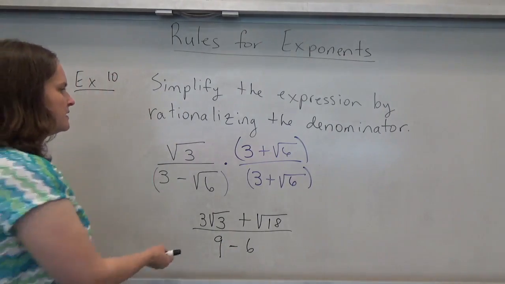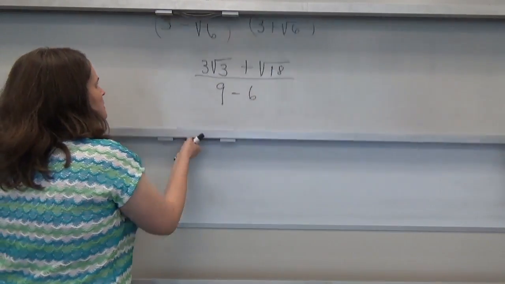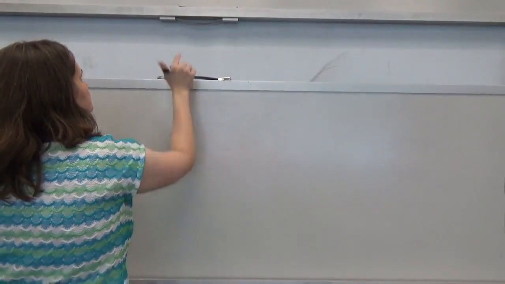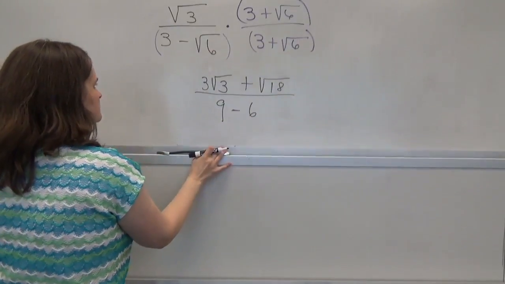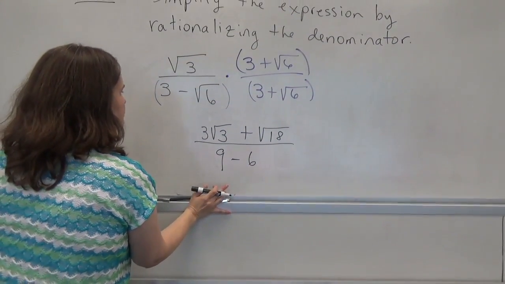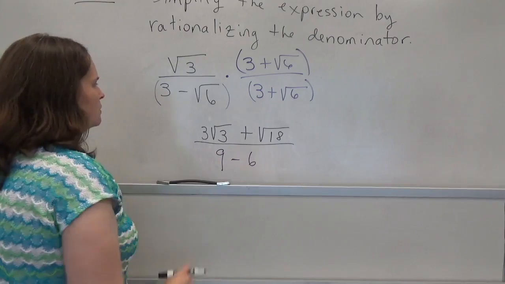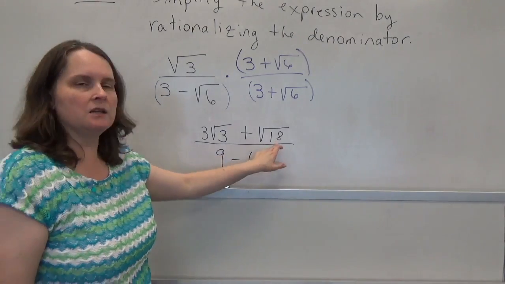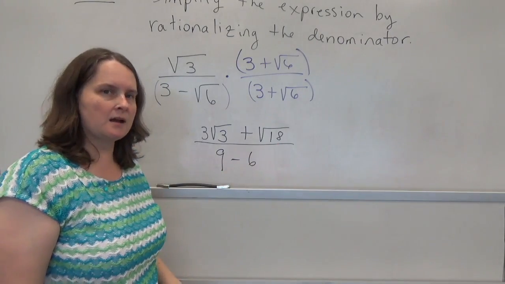And then to simplify this, what can be done in the numerator to simplify? Think about your 18. You need to see if you can get anything out of that radical.